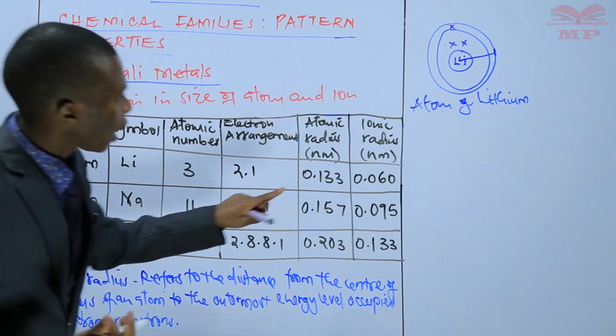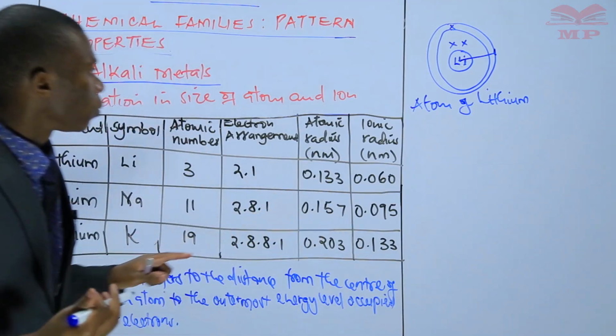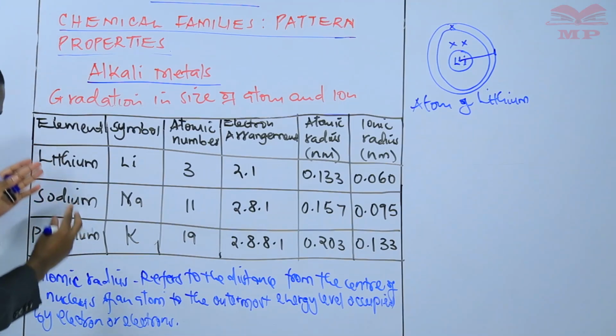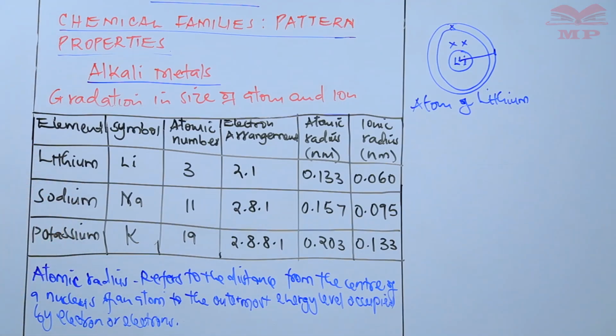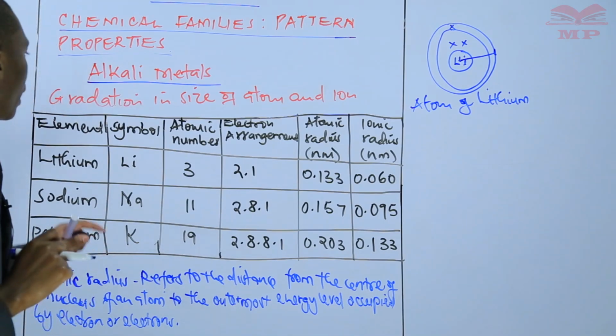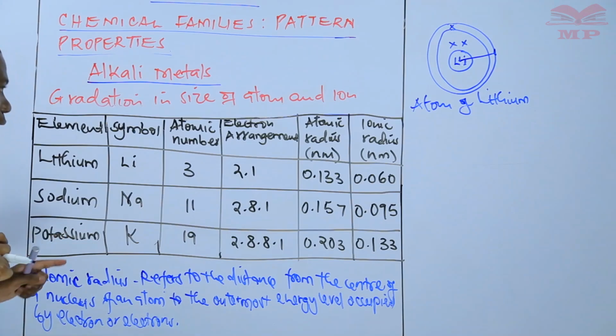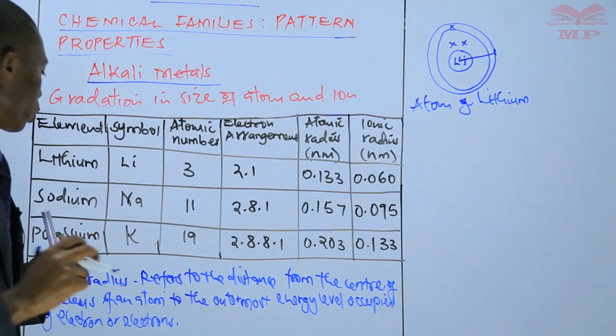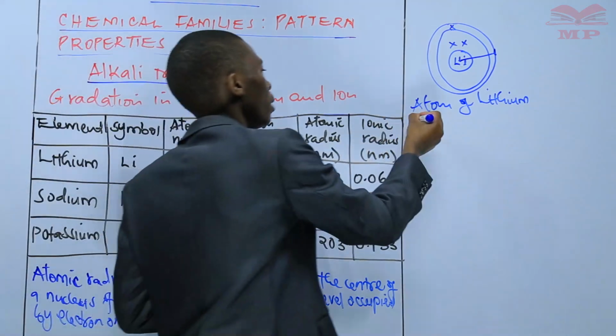Then when you talk about the ionic radius, we are referring to the radius of these elements having undergone ionization or having formed ions. And these elements form ions by losing 1 electron in the outermost energy level.